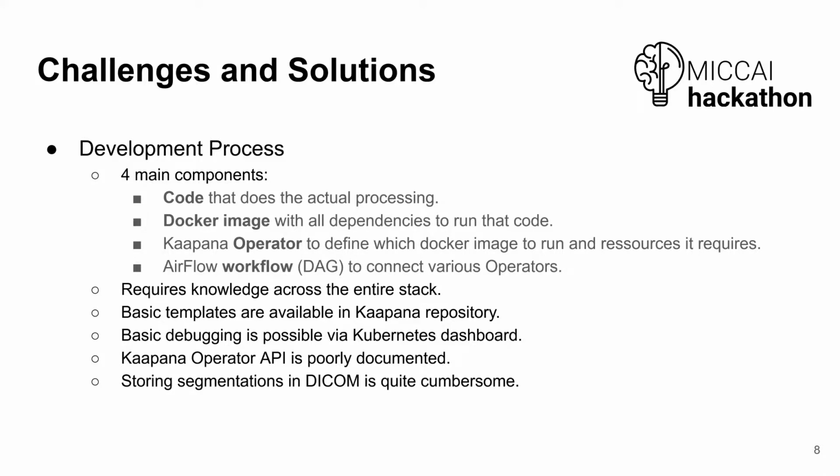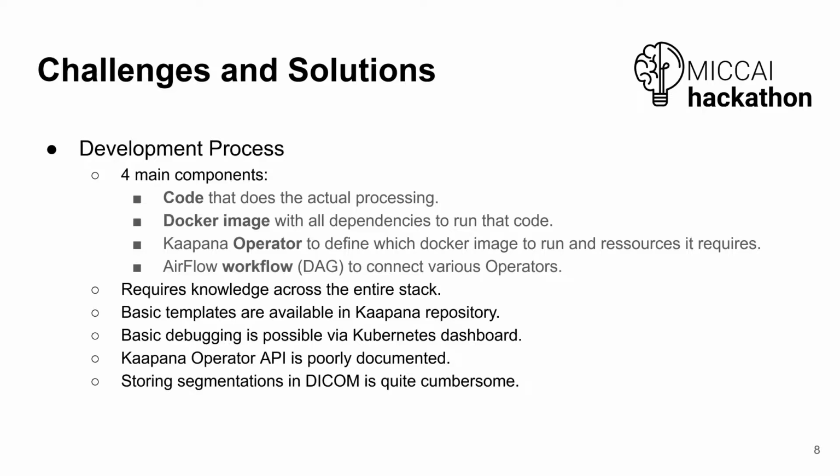Then on top of that, you need to define a Kaapana operator. That's again a Python class you have to write, which specifies what the Docker image is and what resources it requires. For example, if you need a lot of memory or a GPU, you need to specify it. And then the last step is defining a workflow where you connect different operators together.